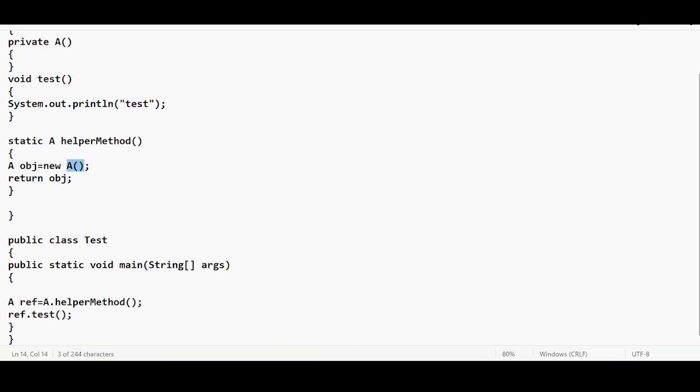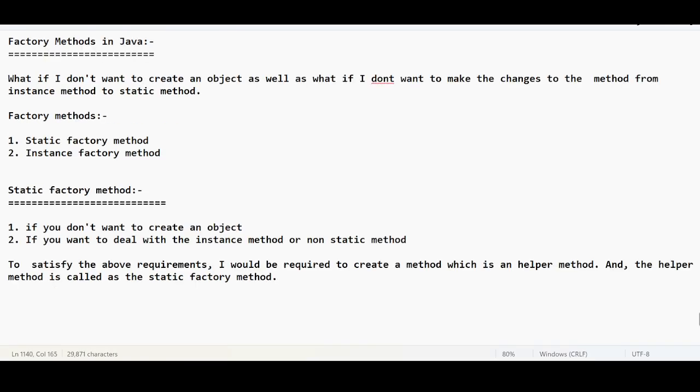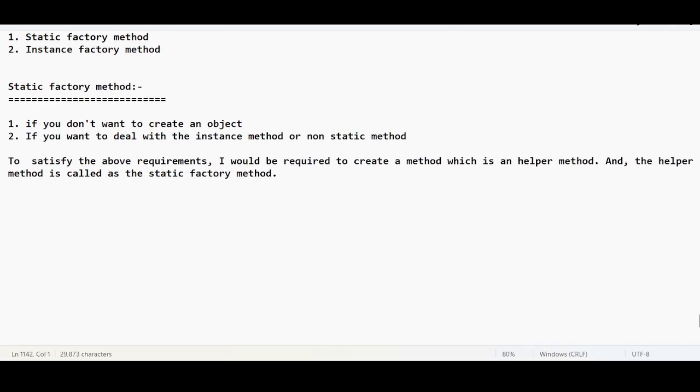In the real-time examples, is there any real-time example where you will come across this static method? Yes, like yesterday we saw Class c equal to, and I explained the forName method, Class.forName.